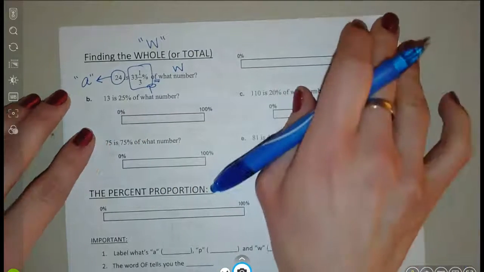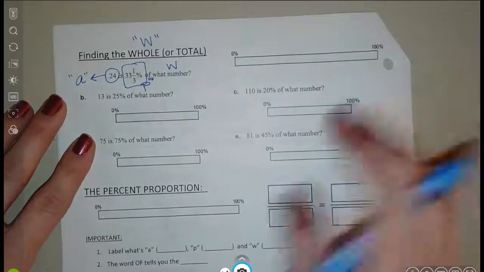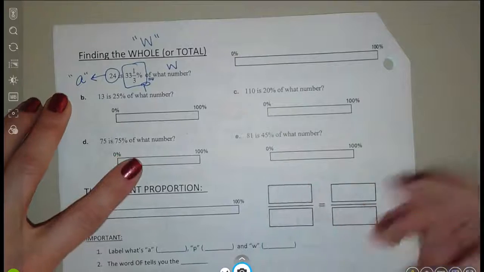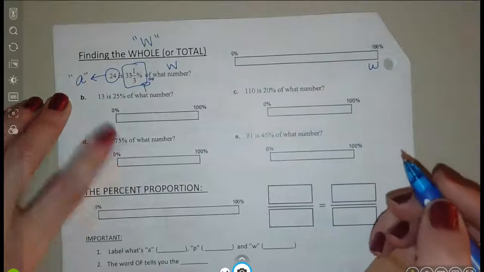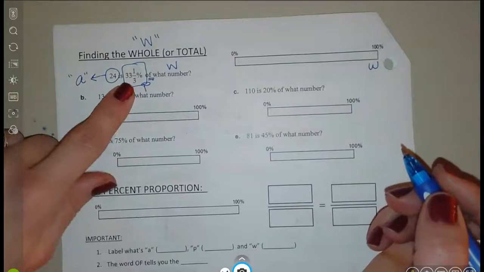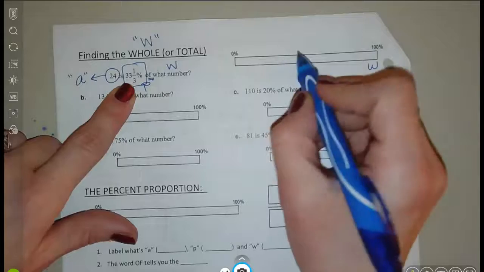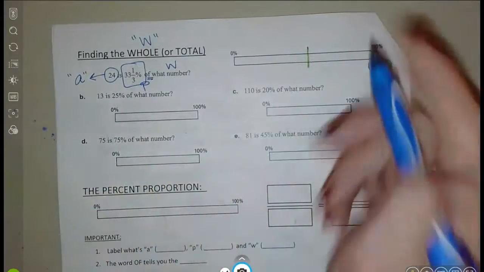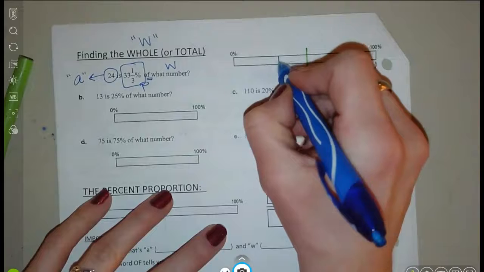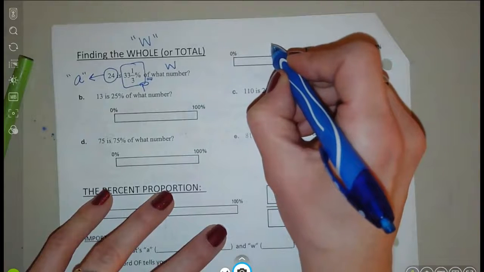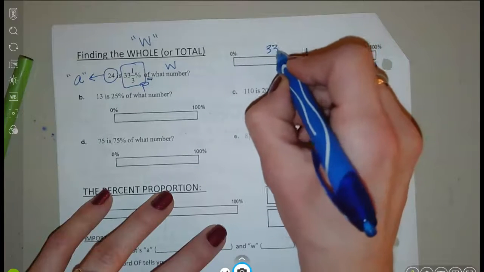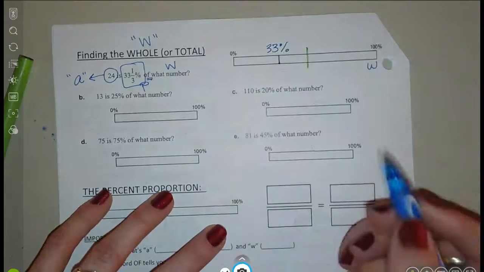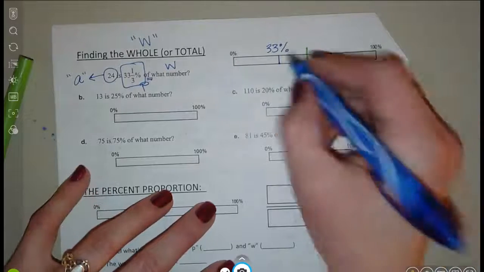All right, so let's set up our bar. I don't know the whole, that's what I'm looking for. Where would 33.3% be? Let's estimate that. Here's 50%-ish, so 33% is also a, what fraction? It was on your quiz yesterday. 1/3, yeah, so estimate 1/3 of your bar there. And that's 24.